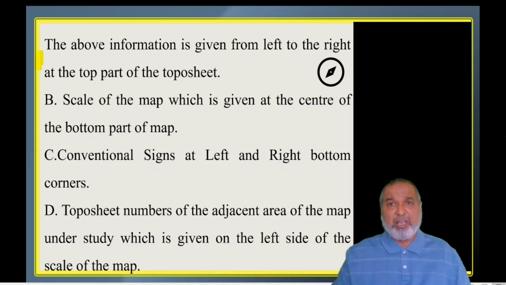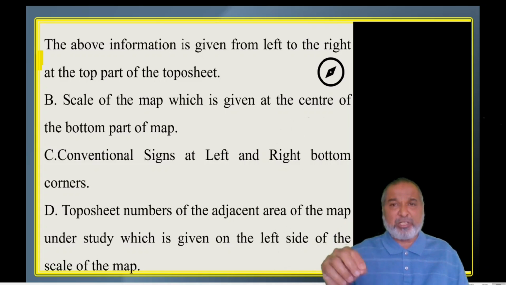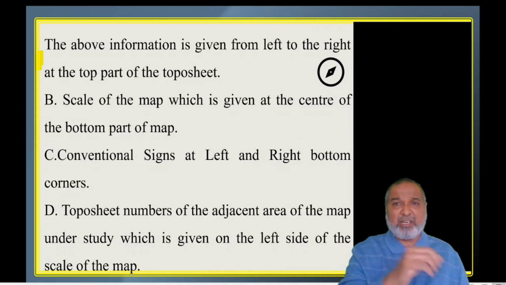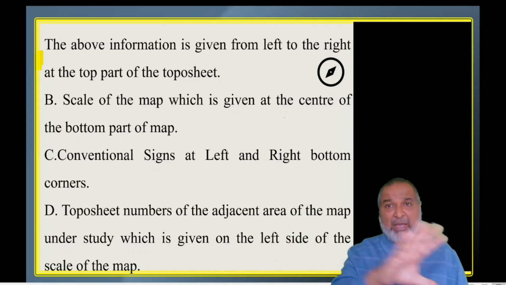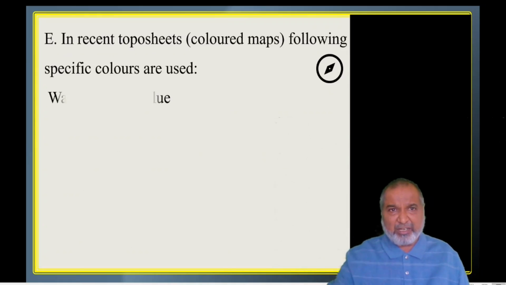In the examination we might ask you to write the Toposheet number on the left-hand side or towards the northeast side of your map. So you have to look at that particular map and find out what number is there. That will be the exercise. So that we are going to make out. Yes, we'll see in the next one.